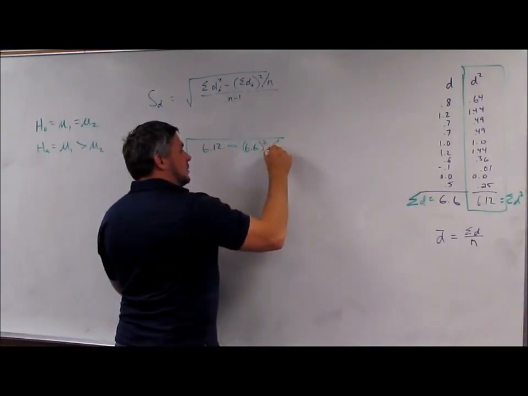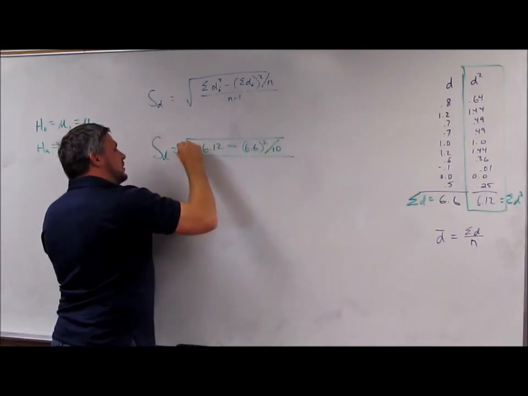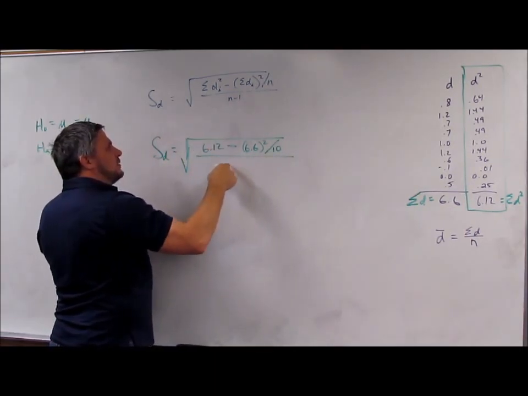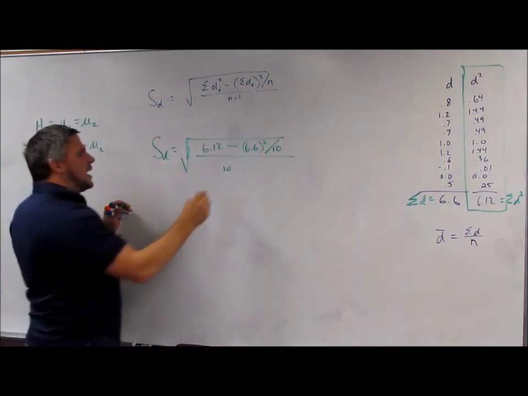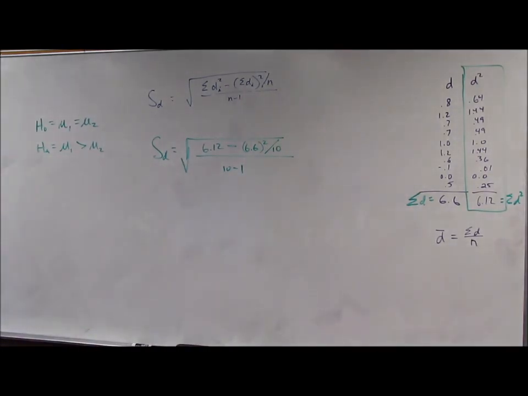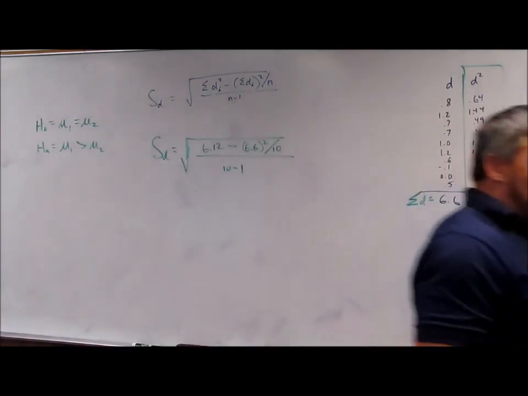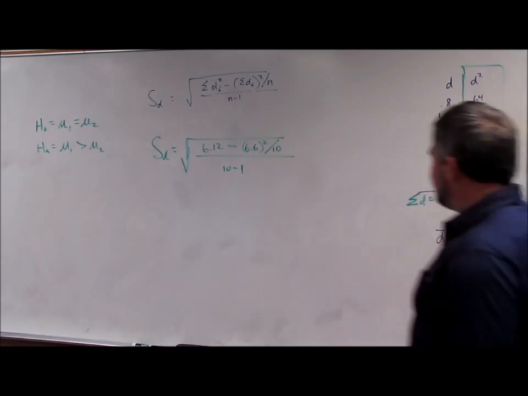All over the number of samples minus 1. And when we plug this into our formula and do the math, we should get 0.443.